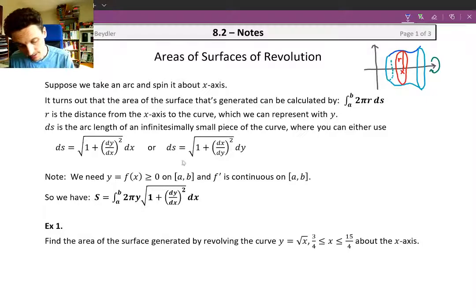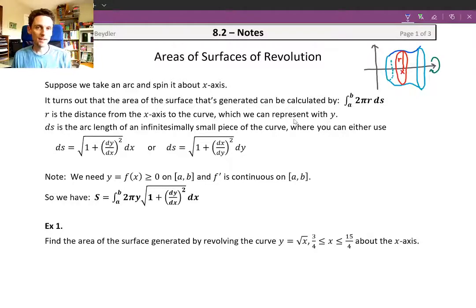So then if we think about the 2 pi r, that corresponds with the circumference. That corresponds with the distance that that little piece has to travel. Now the length of that little piece we can represent with ds. Remember, ds represents an infinitesimally small piece of the curve, and it's the length of that infinitesimally small piece of the curve.